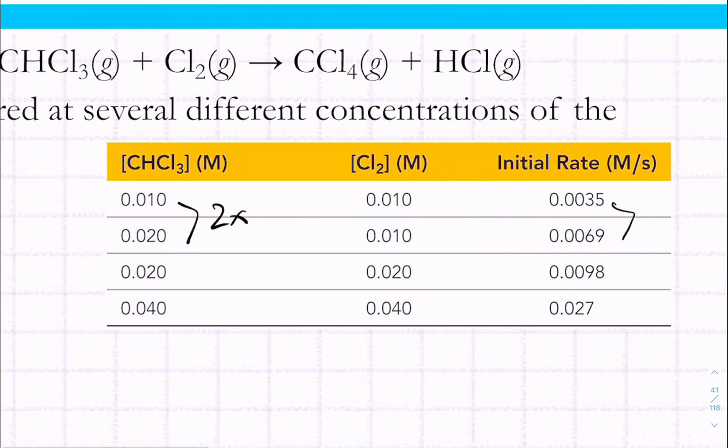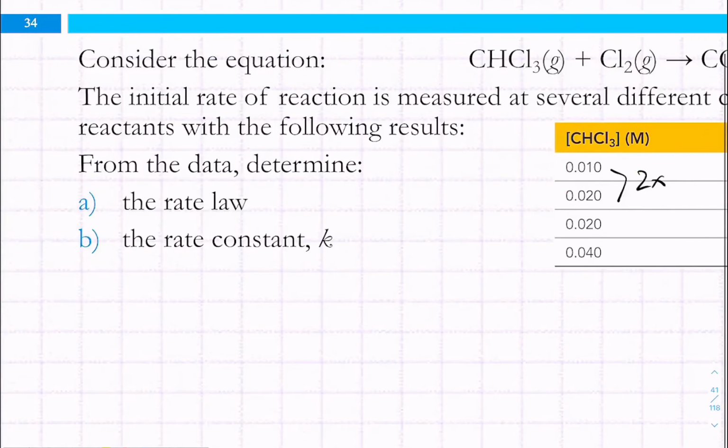Almost. Close enough to double, right? So 2x. So what is the rate order then? Yeah, first order for trichloromethane. So we can start writing out a rate law. Rate is going to equal K, and we can do CHCl3. So that's going to be first order.